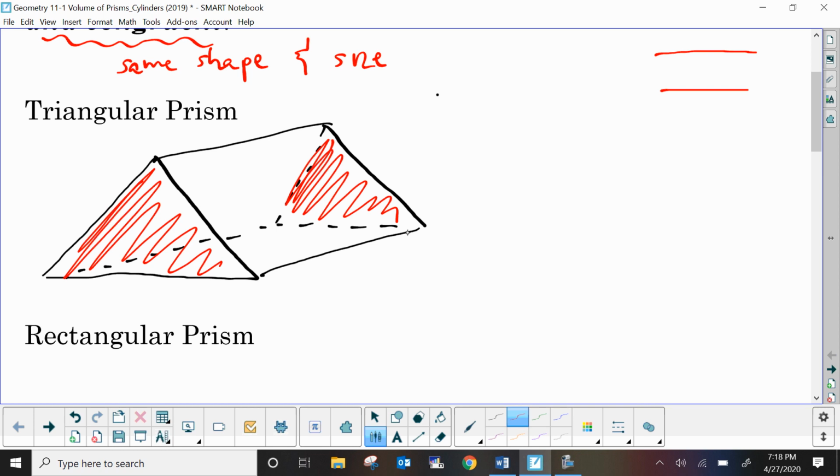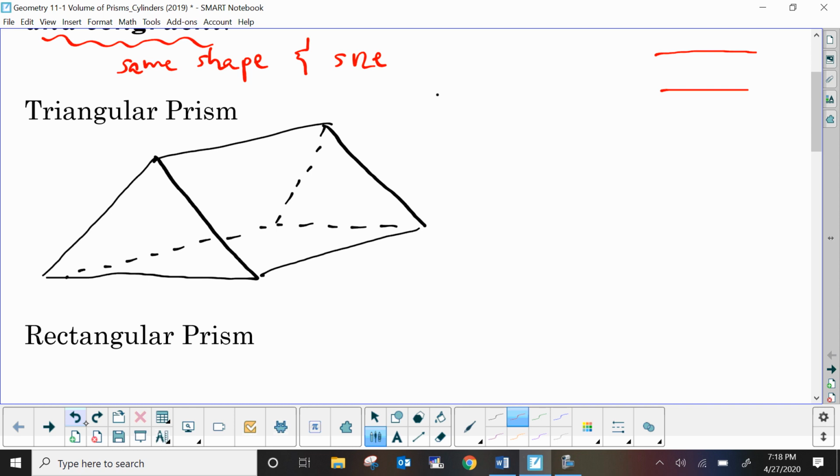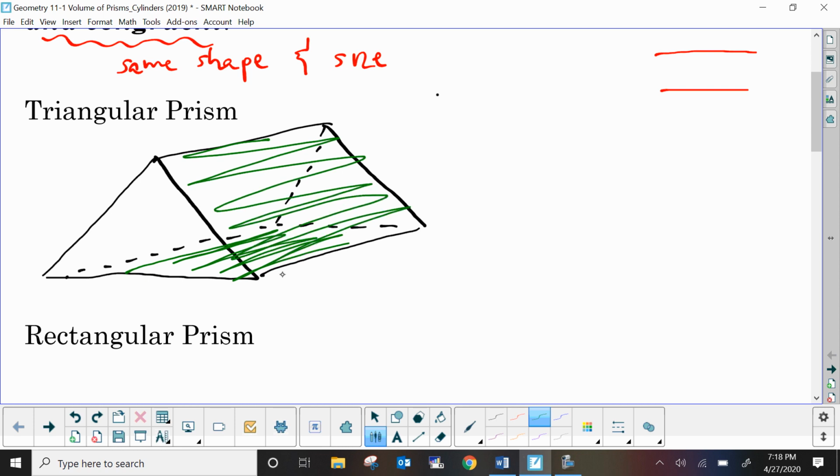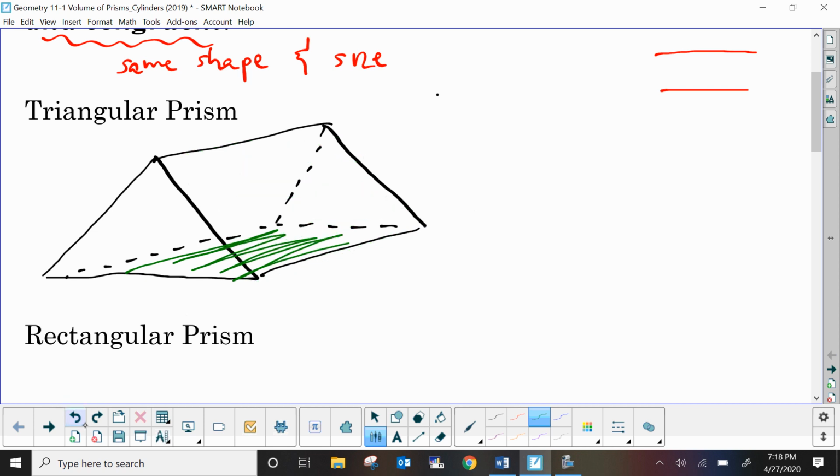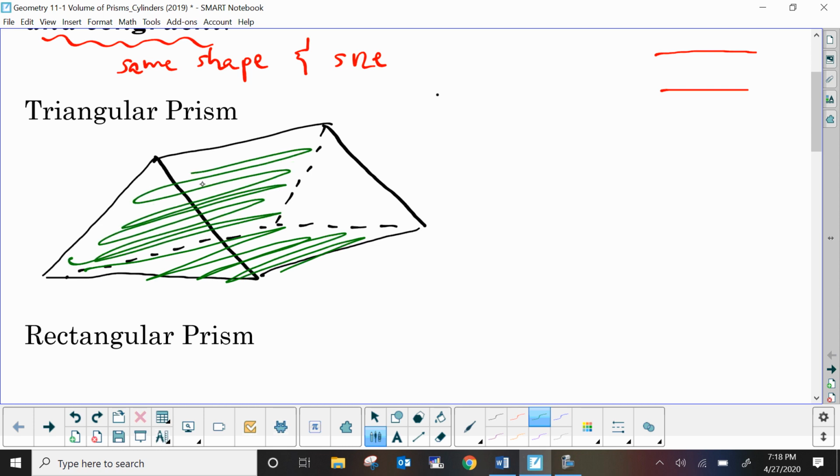If you look at the other parts of the tent, and I'm calling it a tent, this part right here intersects this part right here along this line, or this part right here intersects this side over here at this line.